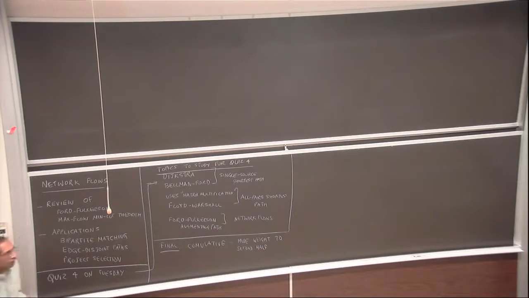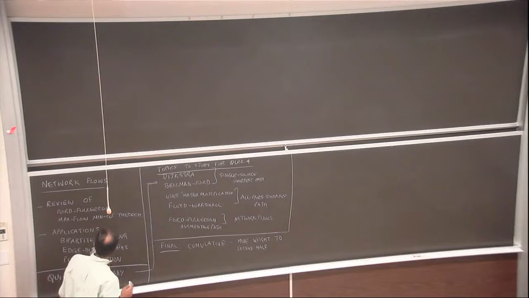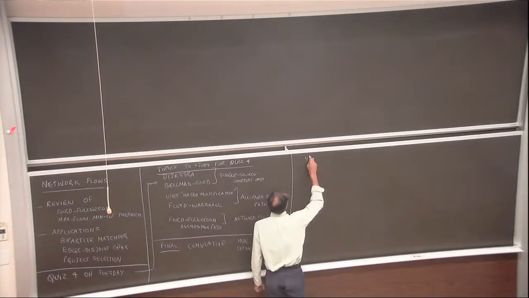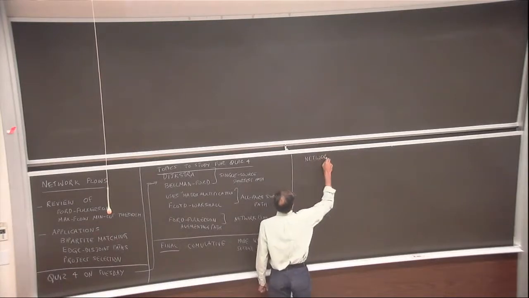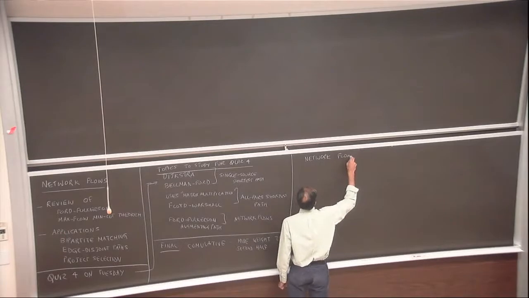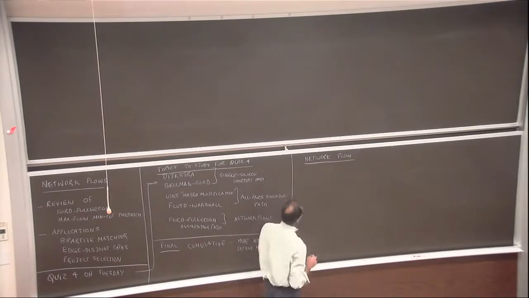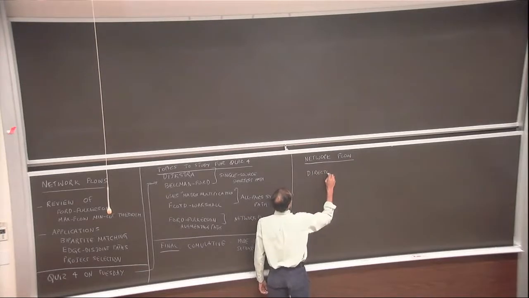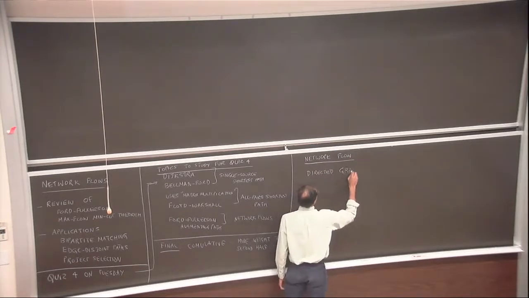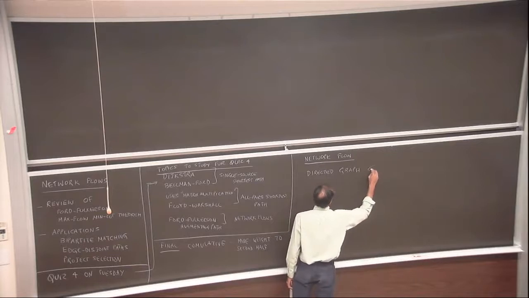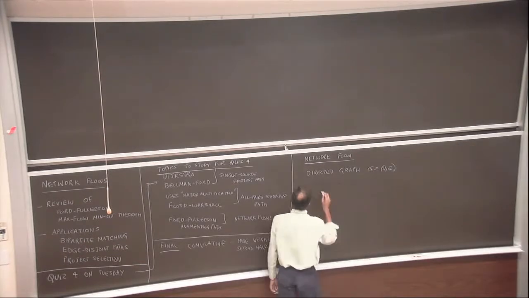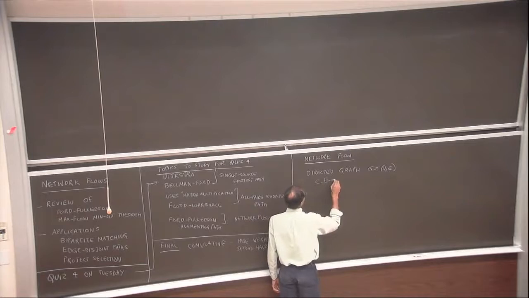Okay. So recall the network flow problem. The network flow problem in its most basic form is you have a directed graph G with capacities on every edge.